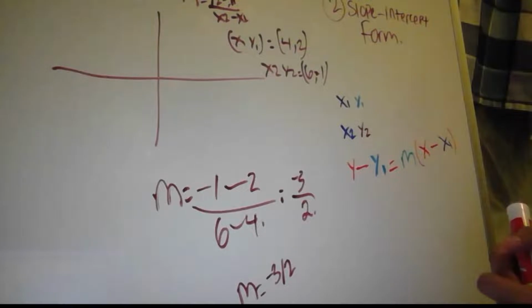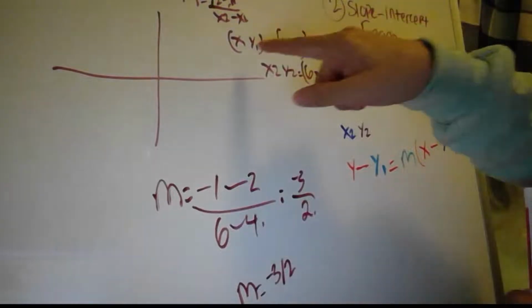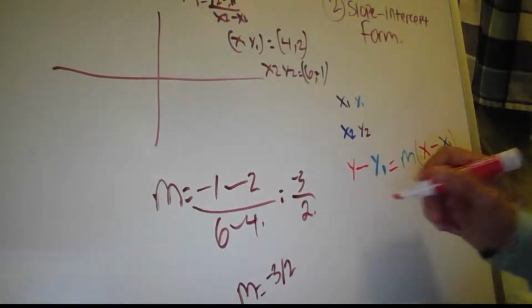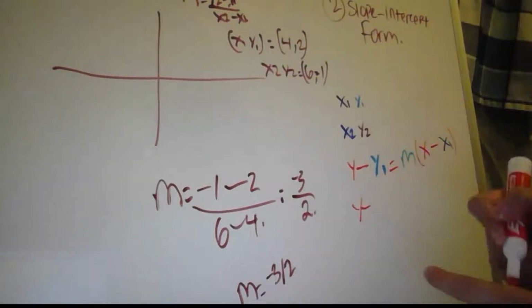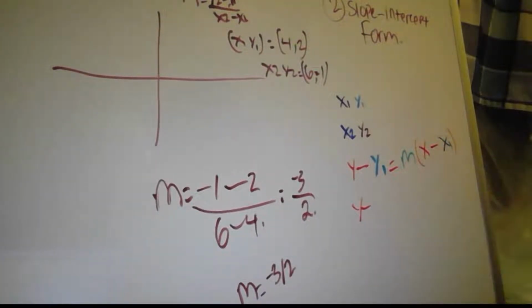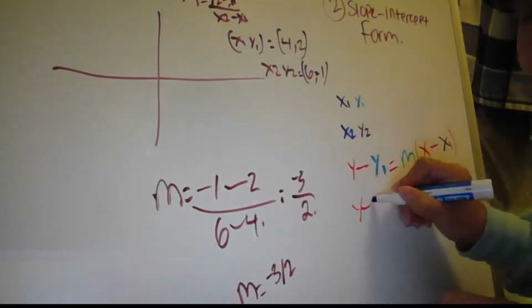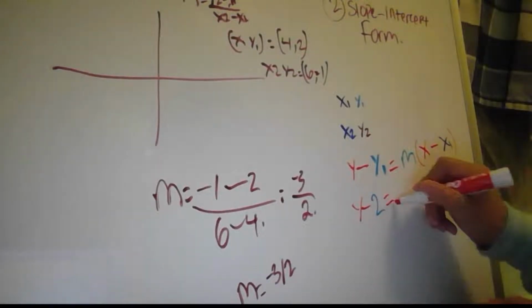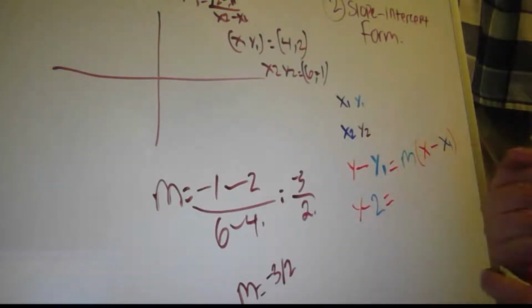So basically x1, y1, that's this part over here. So it's 4, 2, right? We say y minus, and y1 is 2, right? So it's y minus 2 equals, and then our slope is right here.